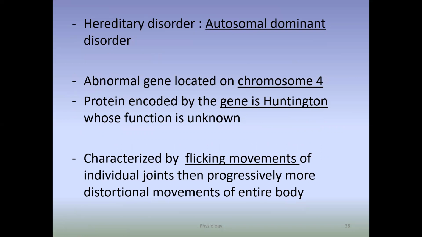The protein coded by this gene is called huntingtin, whose function is unknown. The characteristic feature is jerky movements of individual joints, then progressively more distal, involving the whole distal part of the limbs also.